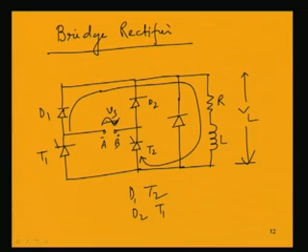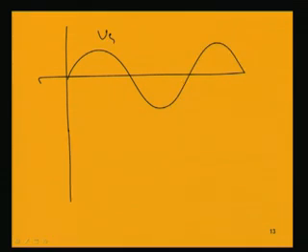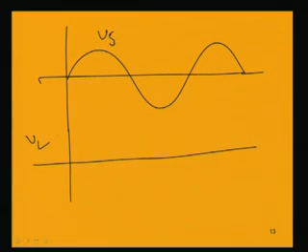And when this thyristor, say T2, is conducting in a positive half cycle, the voltage across this load VL, if this is the input voltage Vs, then if we draw the voltage VL, that is the voltage across this load.